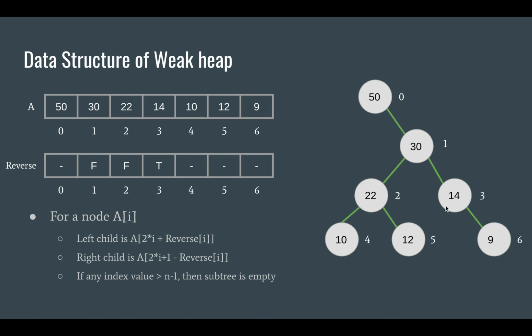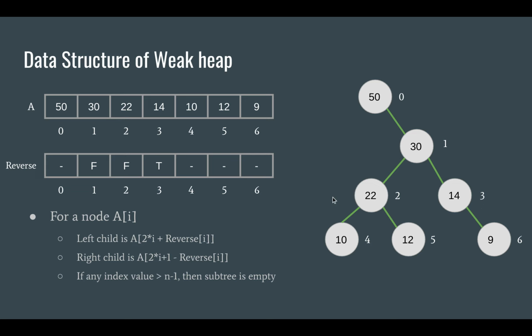And there's another rule which states that if any index, when we calculate this formula, is greater than n minus 1, then the subtree is empty. For example, here we can see this index 3.